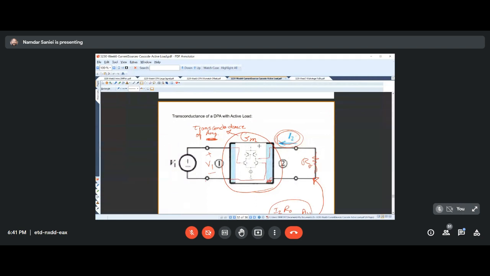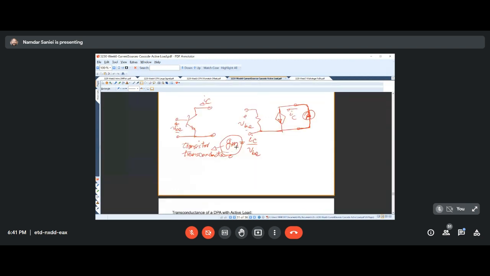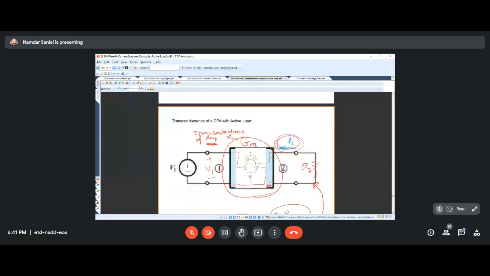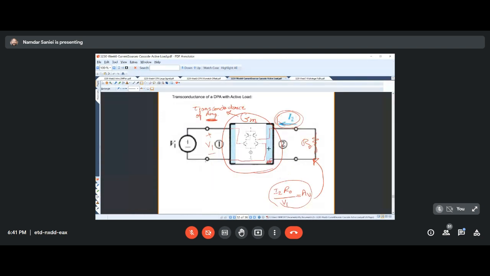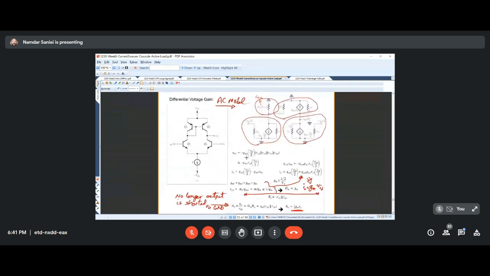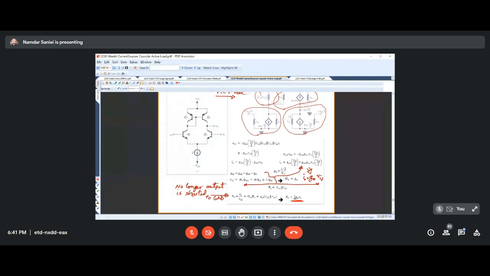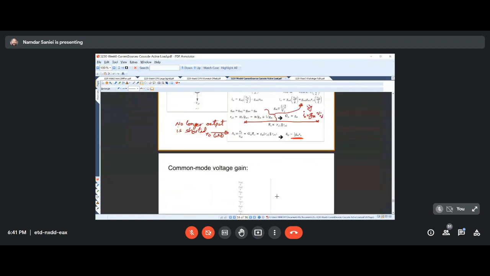And we used the fact that GM is found by what we call the Y21 parameter. And we did the same thing in order to find the GM of this transistor. But we realized that that GM is the same as the GM of a small transistor. And it helps us in finding the gain, a relatively large voltage gain in differential situation.